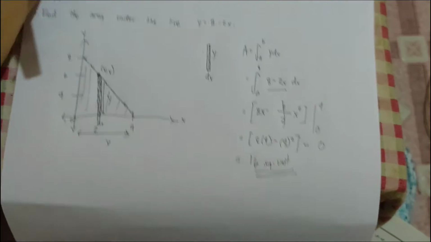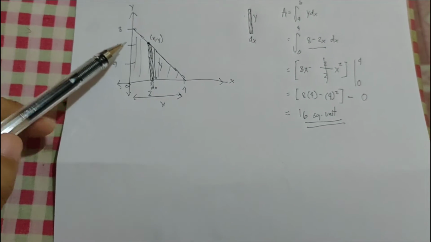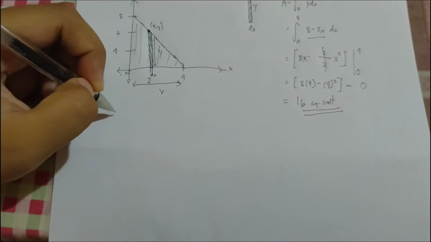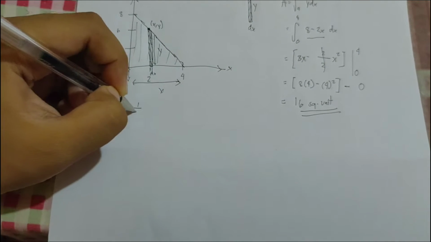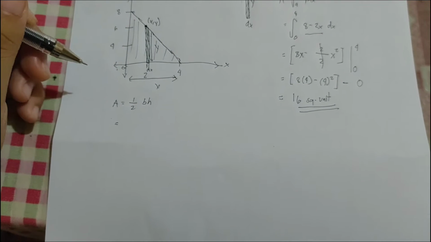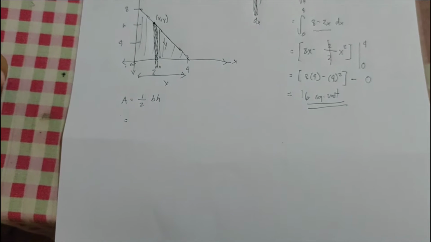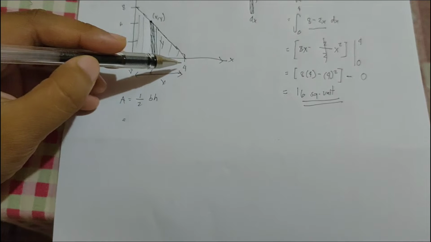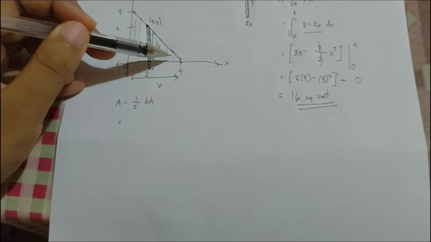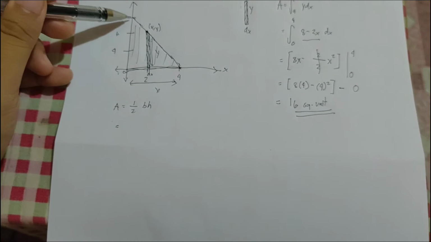And then I have another way to solve this type of equation, since our graph is in a triangle shape. As we all know, to solve the area of a triangle, it is 1/2 base times height. So our base is 4, the measurement is 4, and then the height is 8, right?